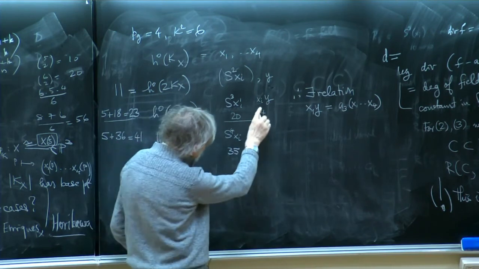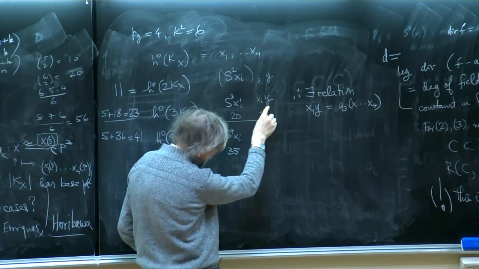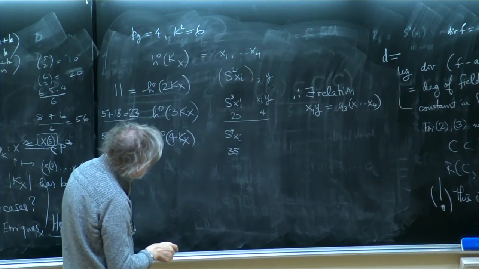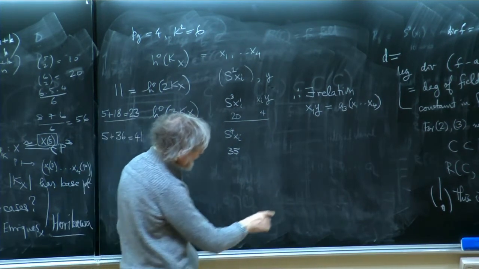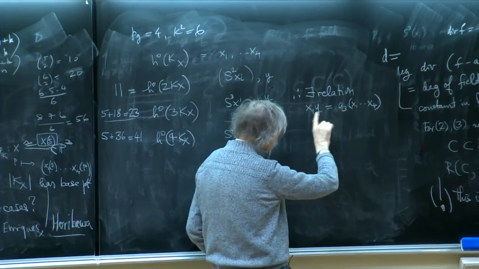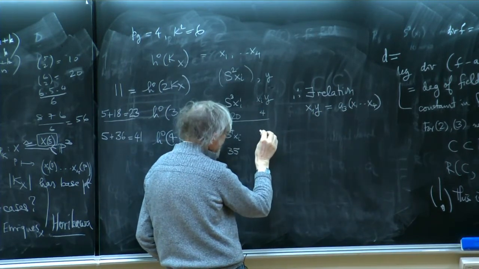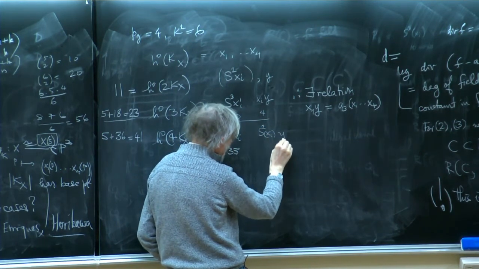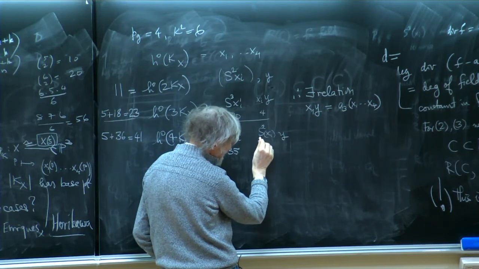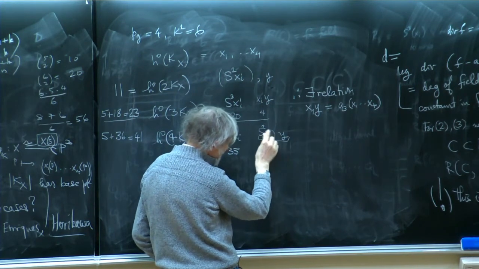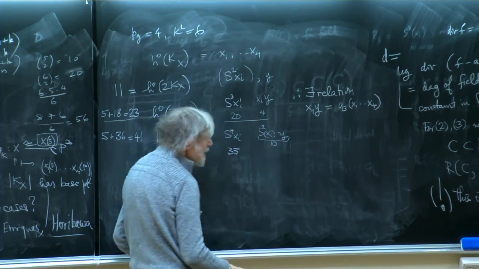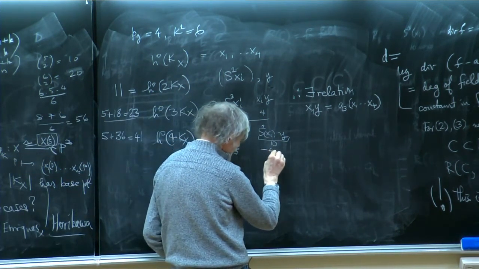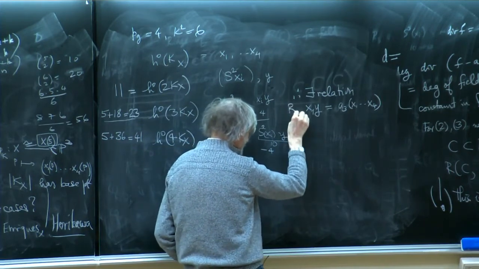And I'm getting quadratics in the x_i times y. Yes? However, I already have a relation here. So if I write down quadratics in the x_i times y, this is, of course, 10. Yes? But minus 4 times this relation.